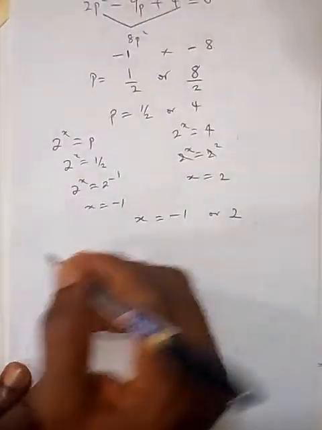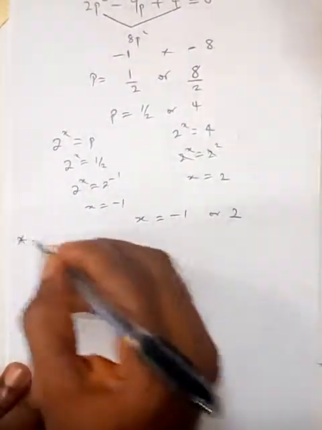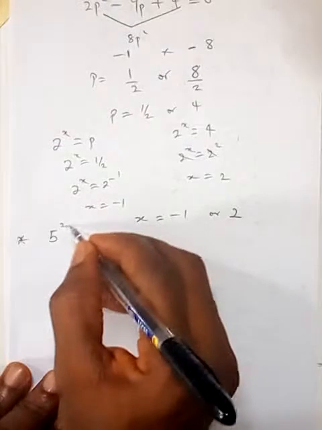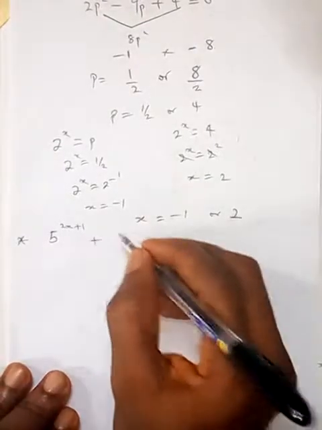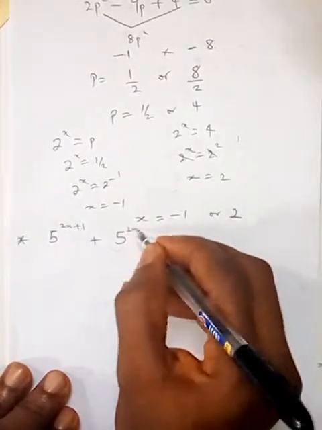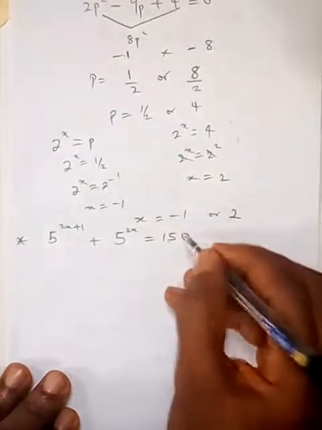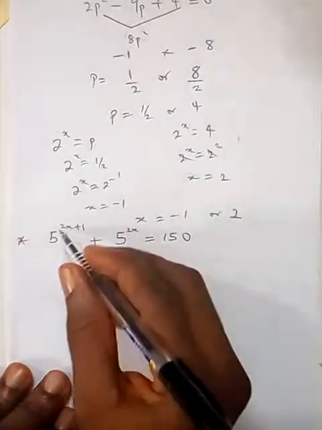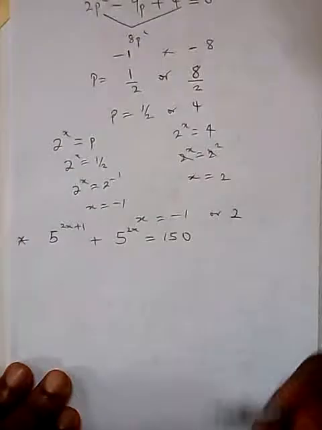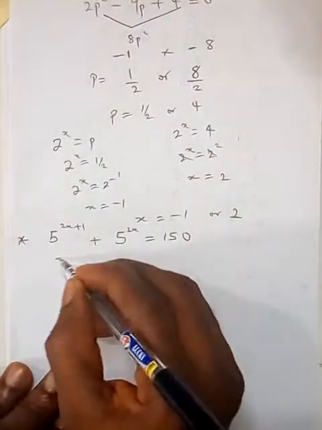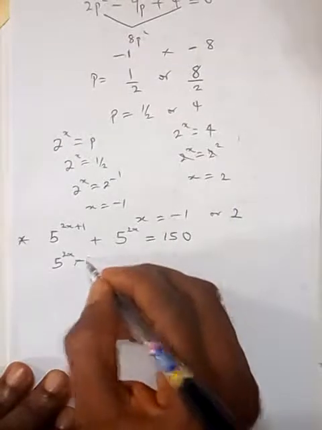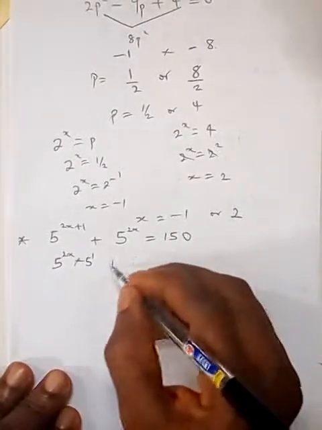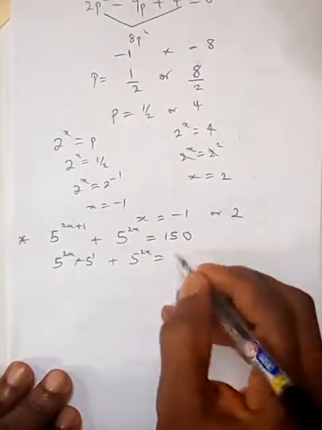then look at this. We are also asked to solve 5 raised to power 2s plus 1 plus 5 raised to power 2s is equal to 150. Okay, you can see 5 raised to power 2s and 5 raised to power 2s, so you can represent it with the function, say p. So this is 5 raised to power 2s times 5 raised to power 1 plus 5 raised to power 2s is equal to 150.